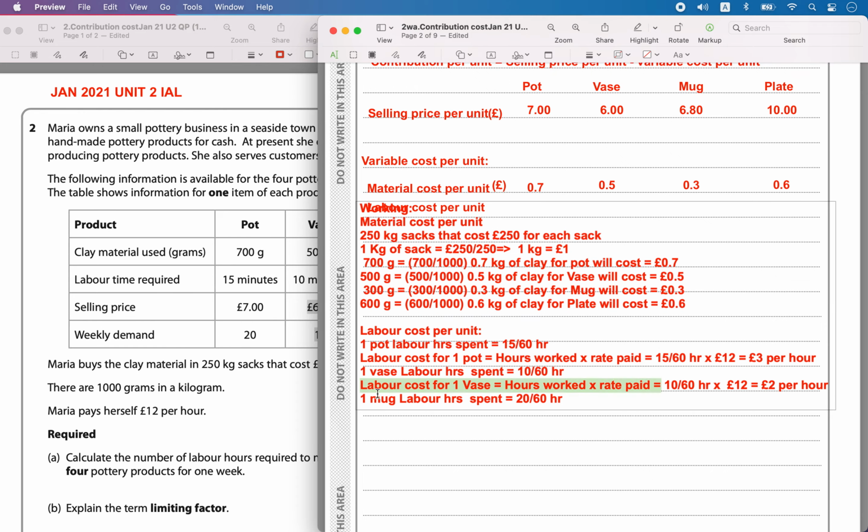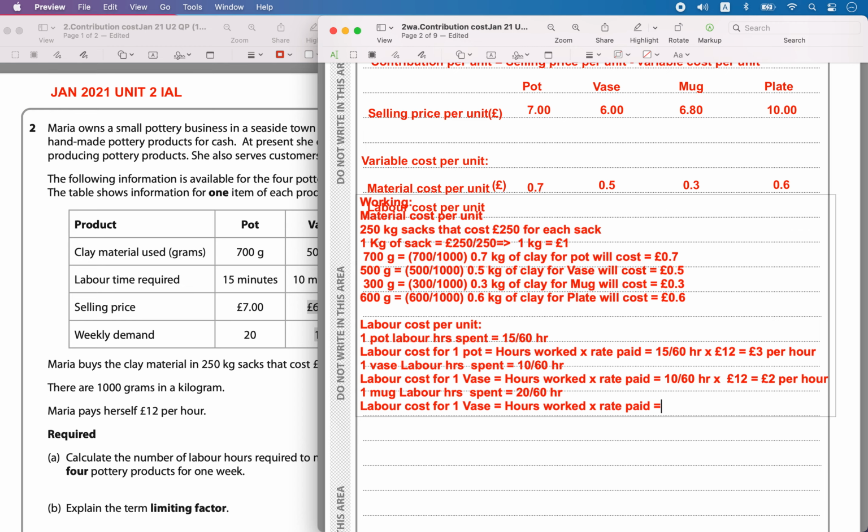Now what is the labor cost? Okay, labor cost for making the mug. So the labor cost for making the mug is going to be equal to hours worked, that is 20 by 60 hours she worked into the rate paid, 12 pounds.